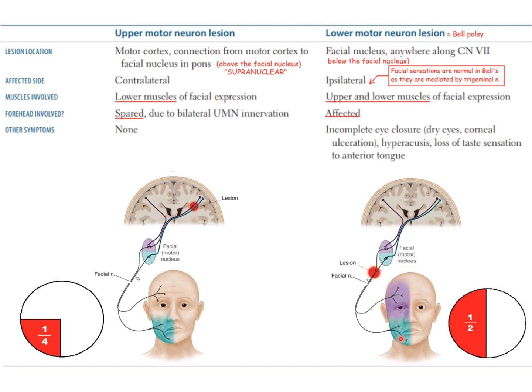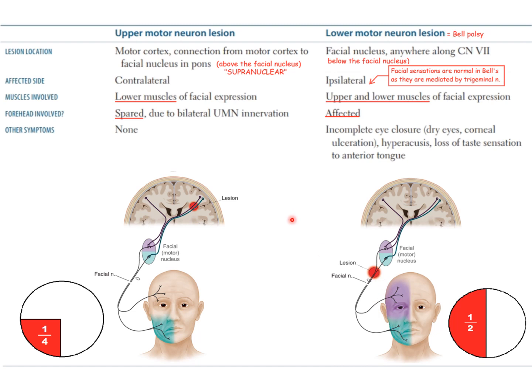Similarly, if you accidentally inject local anesthetic into the parotid gland during a right inferior alveolar nerve block, the entire right side of the face could be paralyzed and would manifest with typical features such as incomplete closure of the eyes, hyperacusis, loss of taste sensation to the anterior two-thirds of the tongue, collection of food in the buccal vestibule, etc. on the same side.